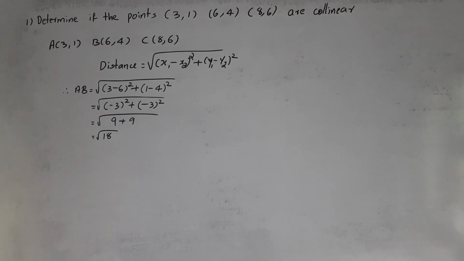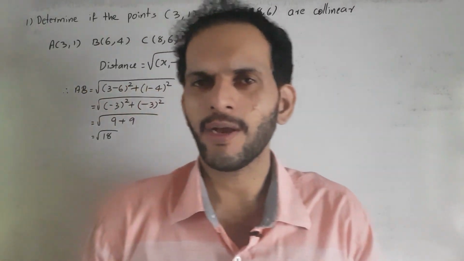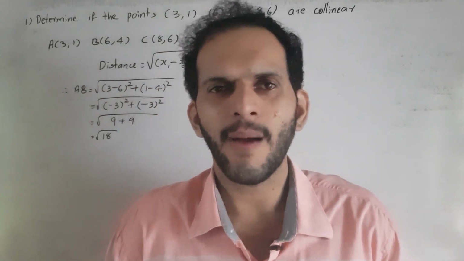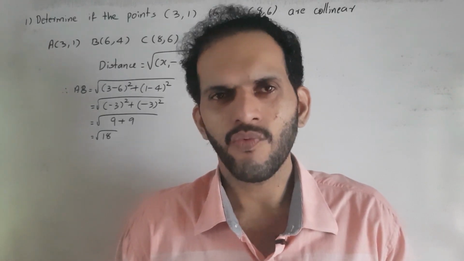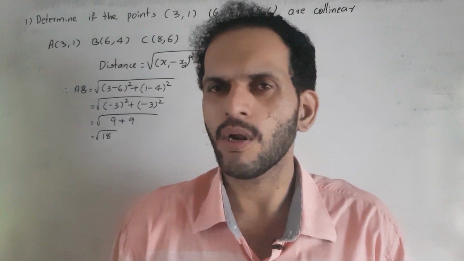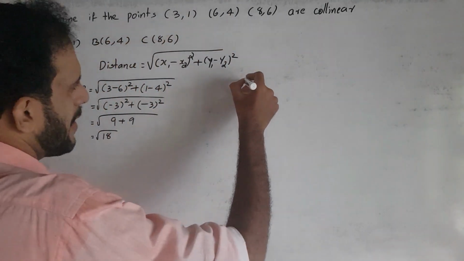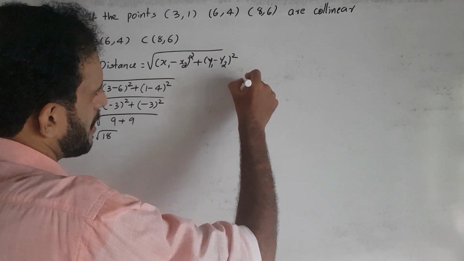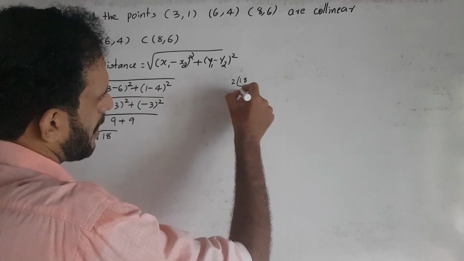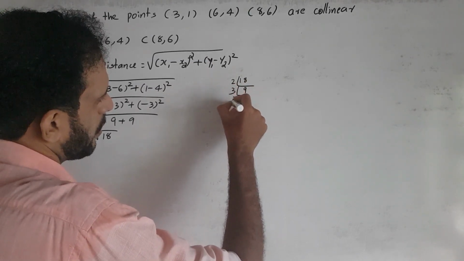Okay, root 18. Here we do not have a perfect square root for 18, we know. So in this case we factorize and reduce 18 to its smallest form, which we already did last year. Factorizing 18: 2, 9, 3, 3, 1.